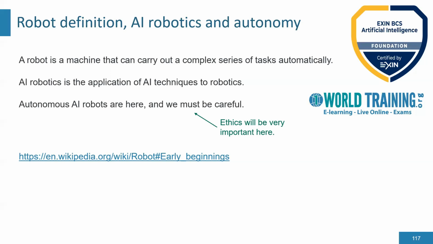Is putting autonomous AI robots in place ethical? So ethics plays a very important role in that case. If you want to go deeper and read these in detail, you can refer to this wiki link, which talks about the beginning of robots.